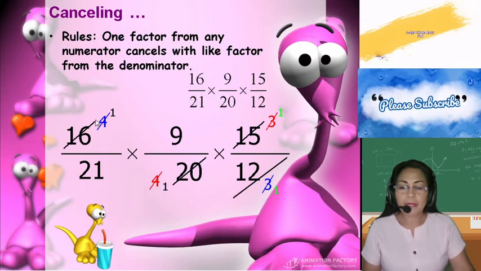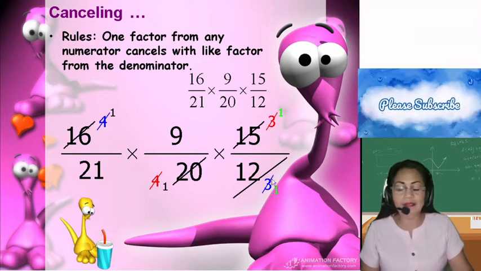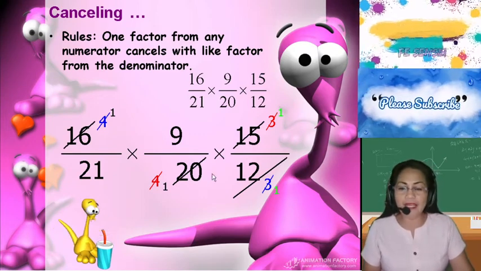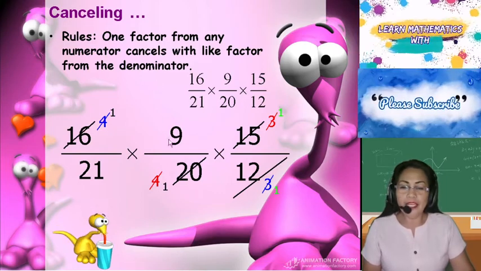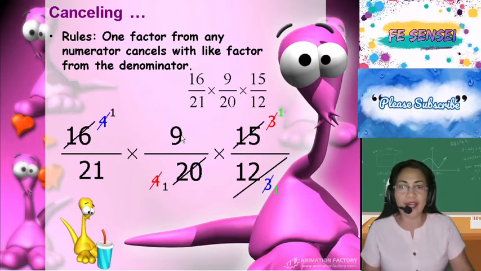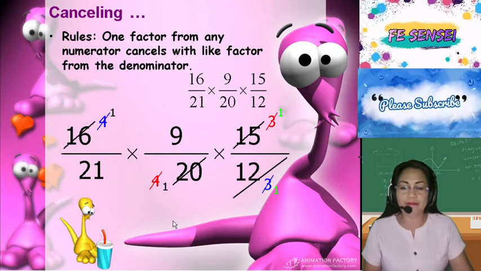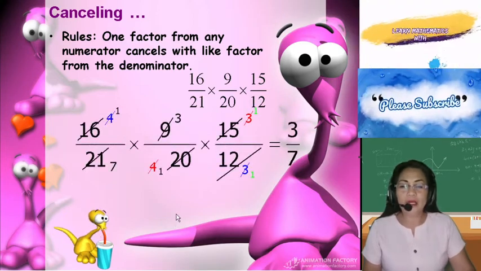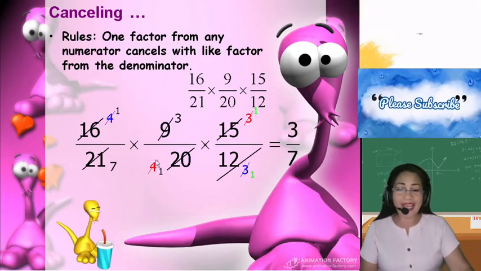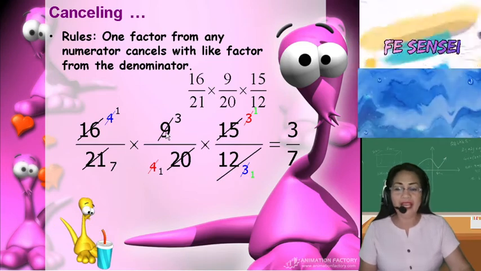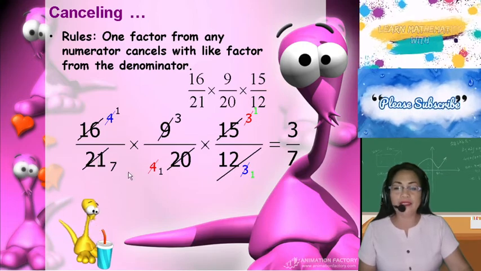So this is 1, this is 1, the denominator 1 and 1. So in the numerator, we have 9 left, and in the denominator, we have 21. So let's continue. 9 and 21 can be divided by 3. So 9 divided by 3 equals 3, and 21 divided by 3 equals 7.